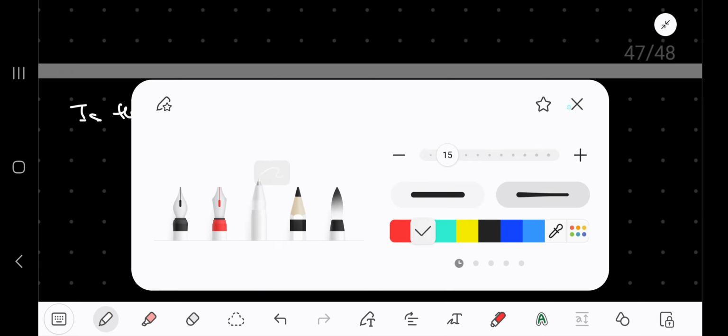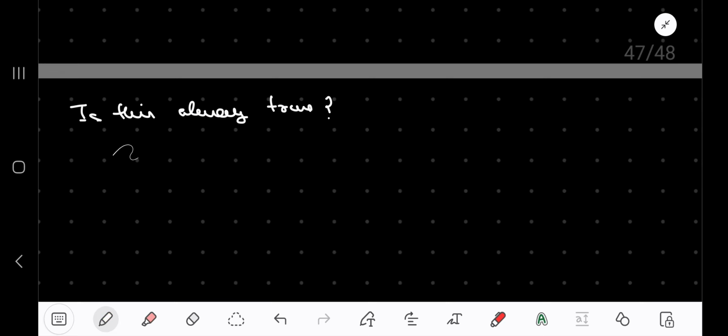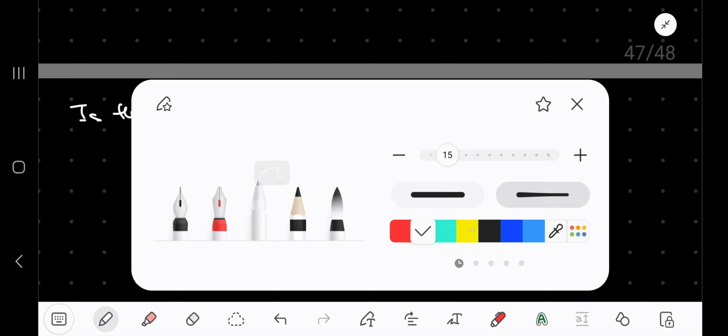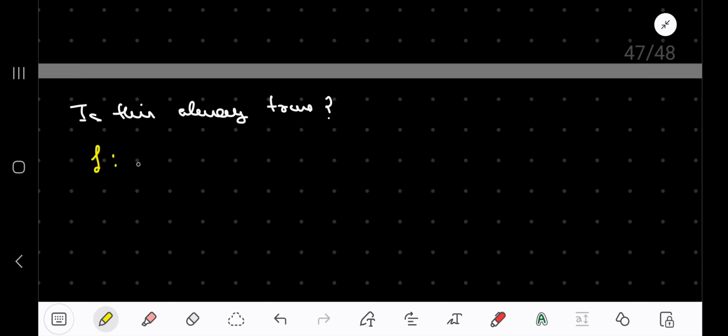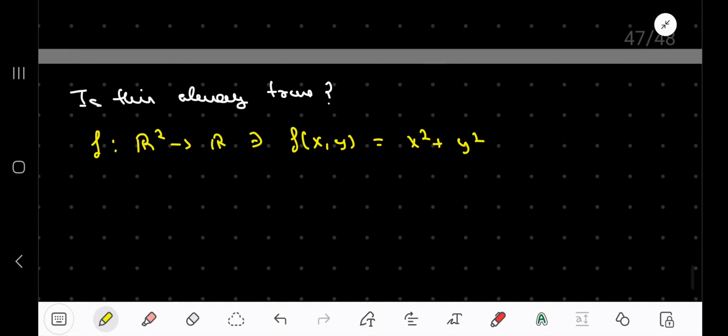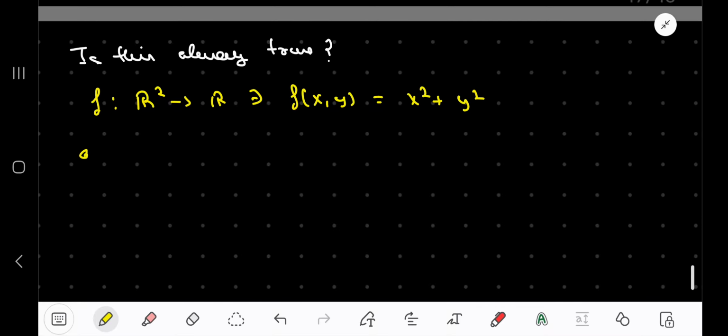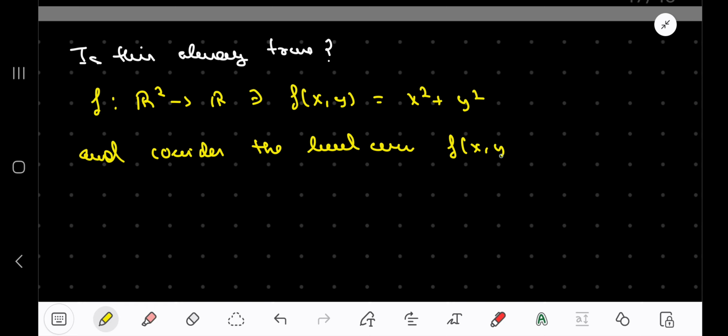So consider the function f from R2 to R such that f of xy is equal to x square plus y square, and consider the level curve f of xy equal to 1.